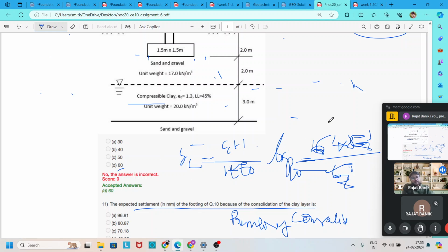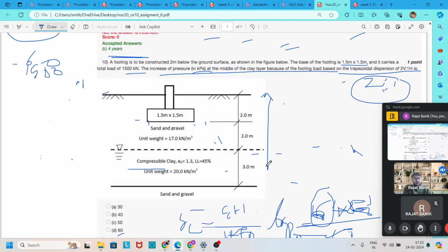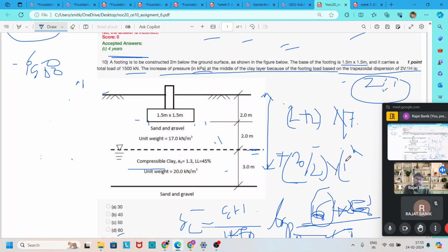First we find the sigma z dash, the effective stress at the middle of the clay layer. Our water table is at this step, so it is equal to (2 plus 2) into 17, because it is above the water table, plus 3 by 2 at the middle of the clay layer into (20 minus 9.81), the submerged unit weight of the soil.